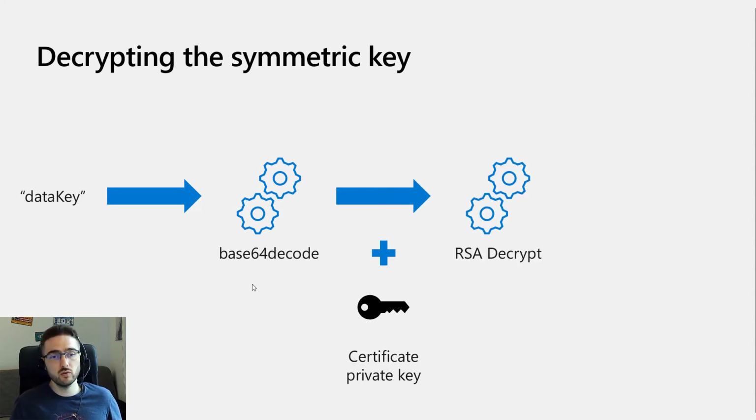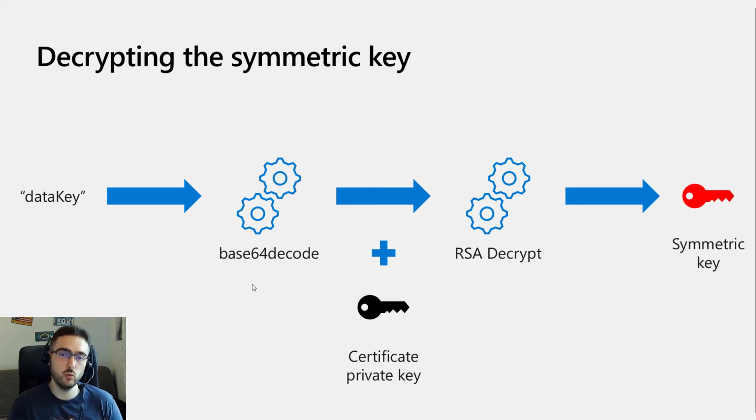What you're going to do is an RSA decrypt using your private key on that data key, and you'll get this symmetric key that's ready to use to do other things after, and we'll detail that in a few seconds, right? So again, data key: you base64 decode it, then you take your certificate private key, and you do an RSA decrypt, and you'll get your symmetric key ready for use, right?